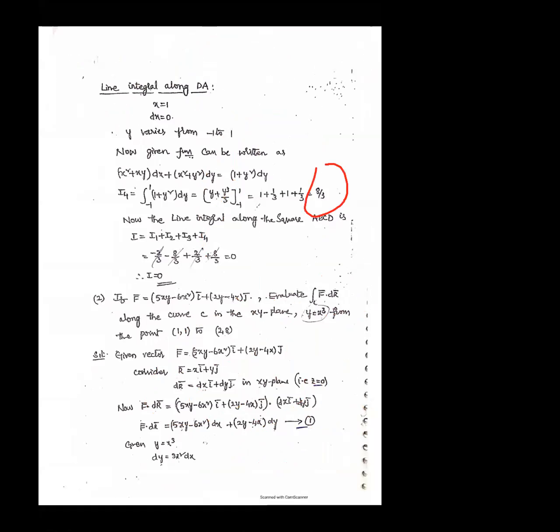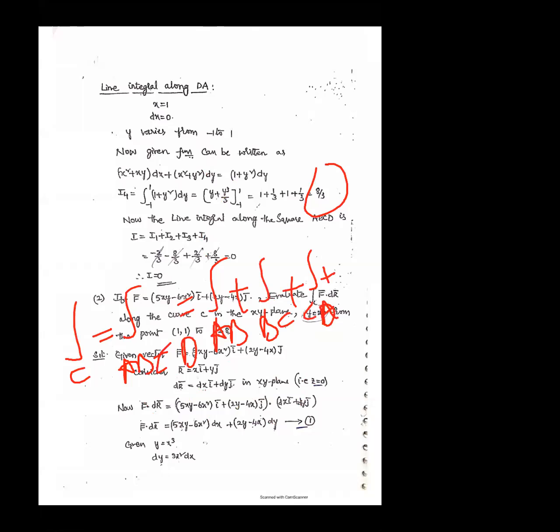So adding, we require the line integral over C, that means the line integral AB plus BC plus CD plus DA. We name the line integral AB as I1, BC as I2, CD as I3, and the last line integral as I4.